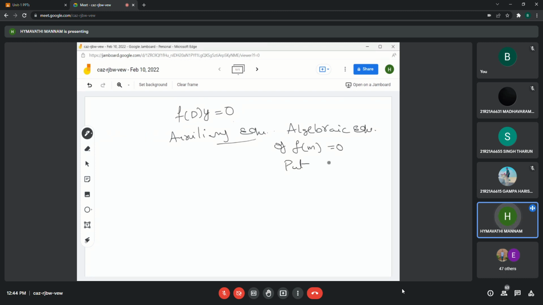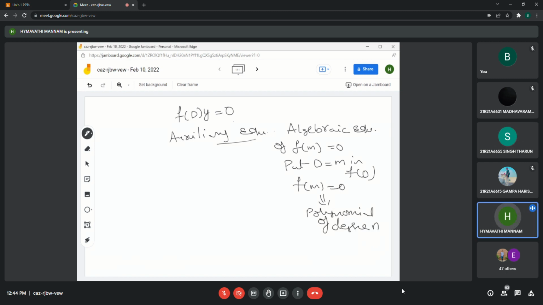Put D is equal to m in f of D. That gives the auxiliary equation, the algebraic equation f of m is equal to 0. This is a polynomial of degree n.